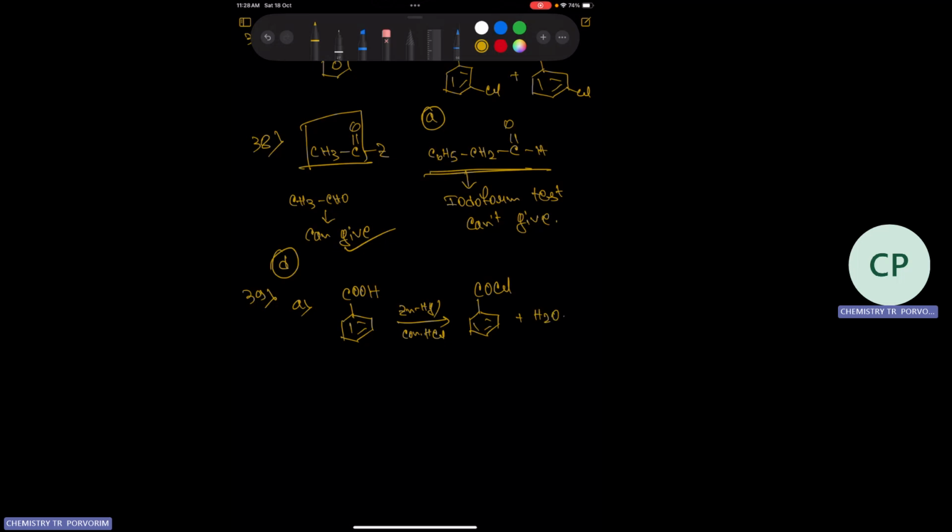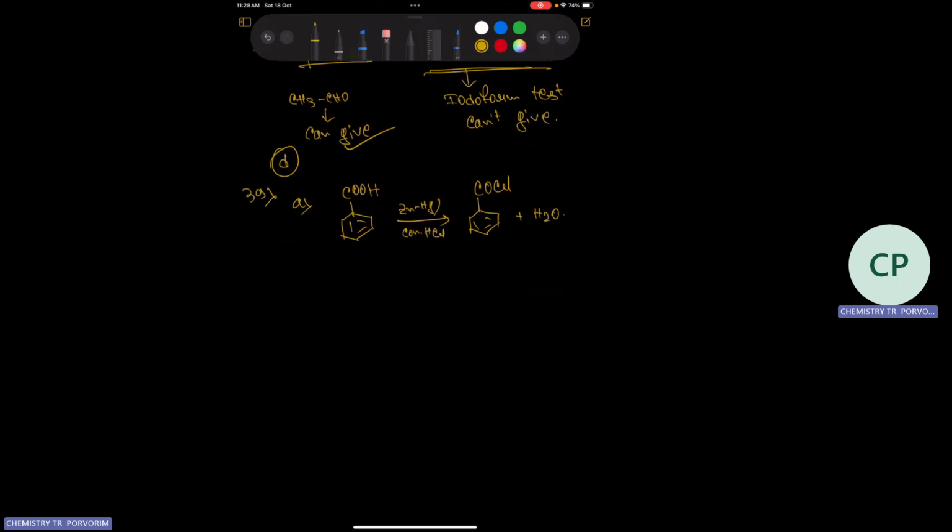Option B, if I use toluene, CH3, with CrO2Cl2 in CS2 followed by H plus and then H3O plus, we are getting aldehyde, benzaldehyde, CHO.